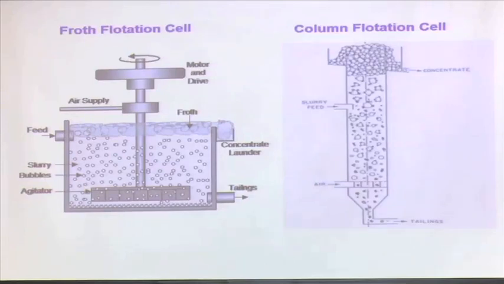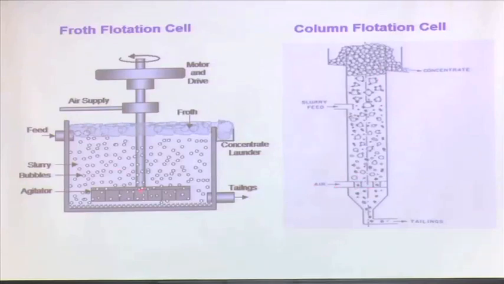Okay. You look at this, this is one modification to this, the design modification, that is called the column flotation cell. The principle is almost similar. The only thing they have changed is the L by D ratio. Why? Now you are giving more residence time to the particles to be carried, and you have a distinct difference between your froth layer and the slurry level.